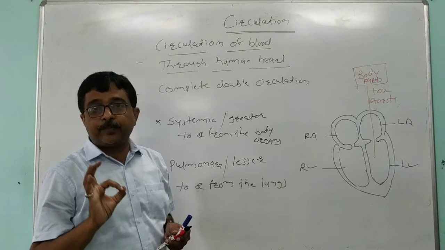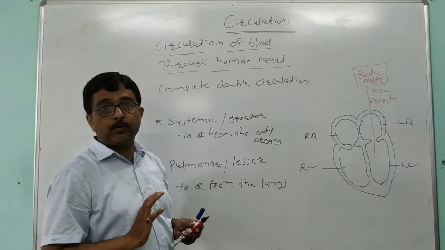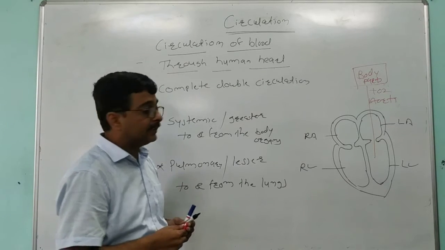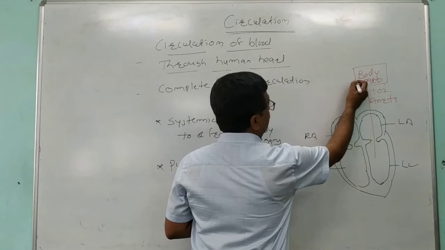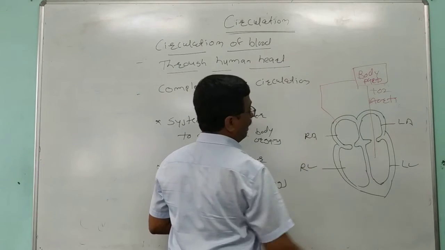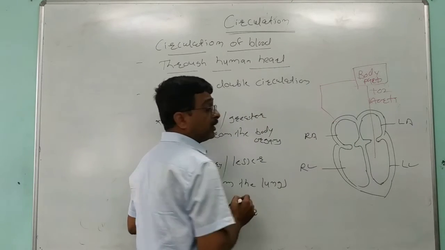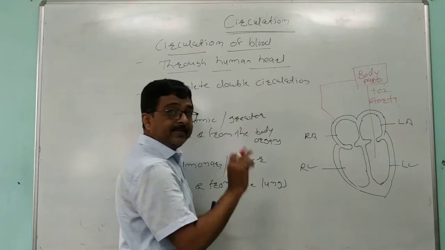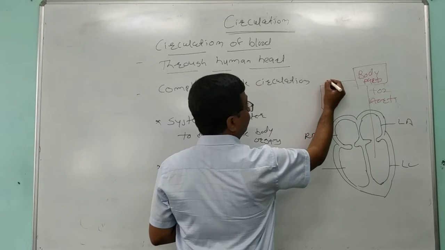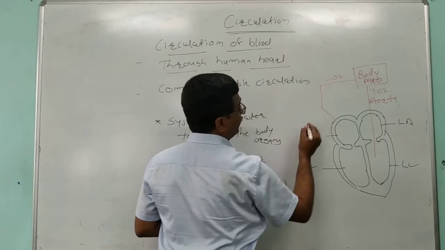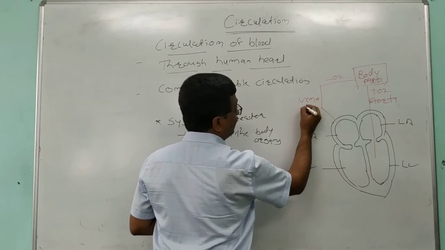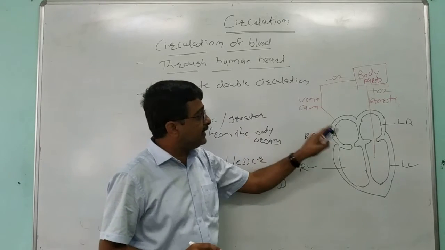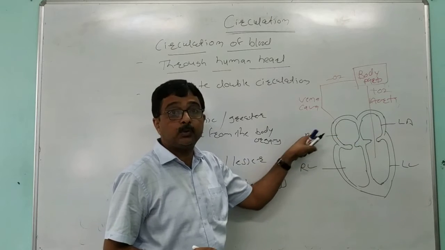The exchange of gases takes place, and due to this, the blood becomes deoxygenated, and then that deoxygenated blood, with the help of the vena cava, is carried into the right auricle. So now from the body parts, the blood carried towards the right auricle is deoxygenated blood, and the veins, vena cava, are responsible for depositing that deoxygenated blood into the right auricle.